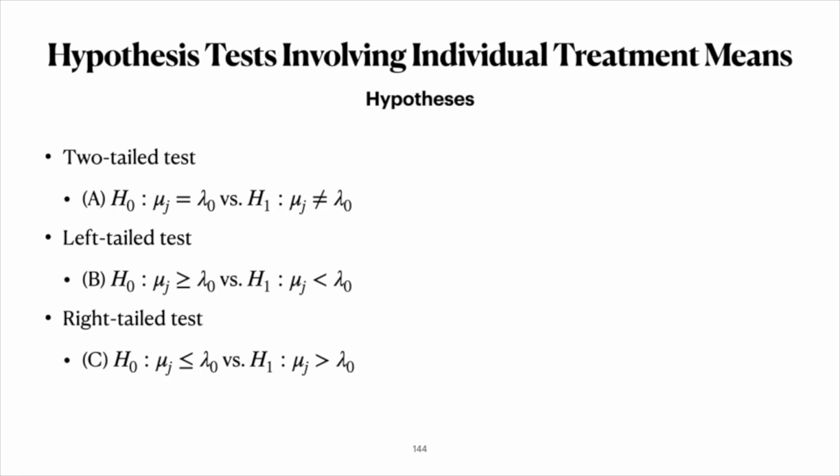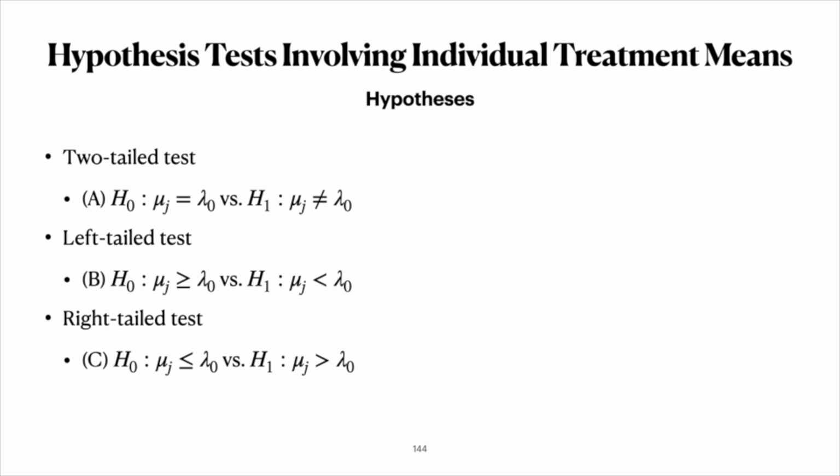This is a linear combination of the full set of treatment means. In particular, the treatment mean that we're interested in has a coefficient of 1, and the others have coefficients of 0. So this does fall within the context of what we are currently looking at, and it's a special case of that more general context.